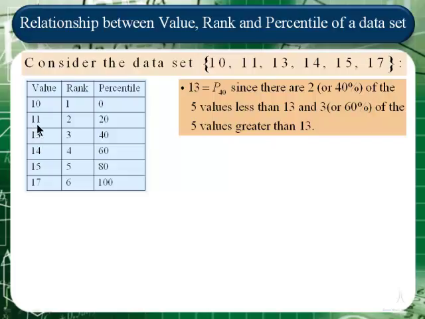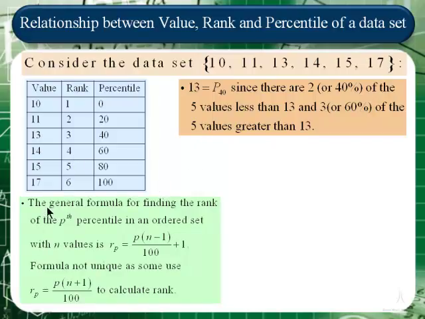Now 2 out of 5 is 40%, so 40% of the 5 values are less than 13, and that's why it's called percentile 40. Obviously 3 or 60% of the 5 values will be greater. In other words, 100 minus p, or 100 minus 40, or 60% will be greater then.